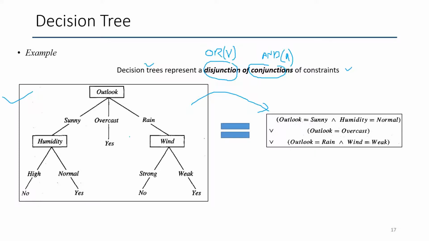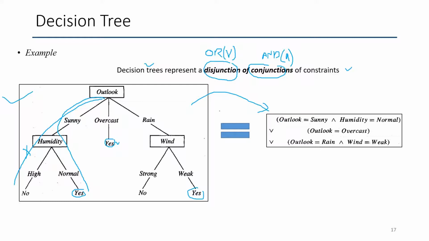Now see here, this leftmost branch can be encoded as outlook equals sunny and humidity equals normal. We are interested when the output is yes; the rest will be no. So we will encode only those particular branches. We have to consider this branch, not this one.